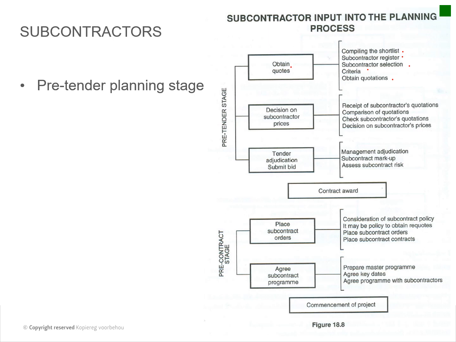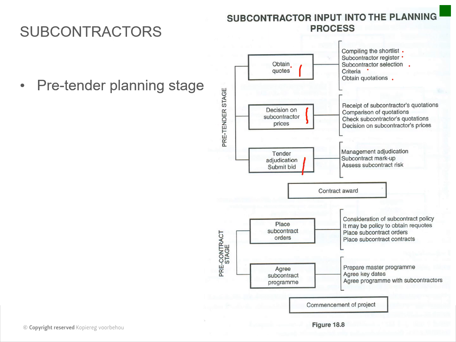Okay, so they get all their quotes, then they make a decision on who they're going to use, and then they use that information and put their markup on that, and then they put that amount into their bill of quantities that they tender on.